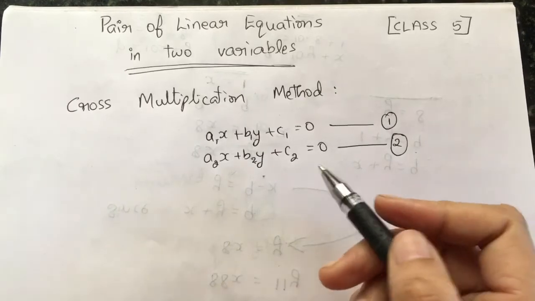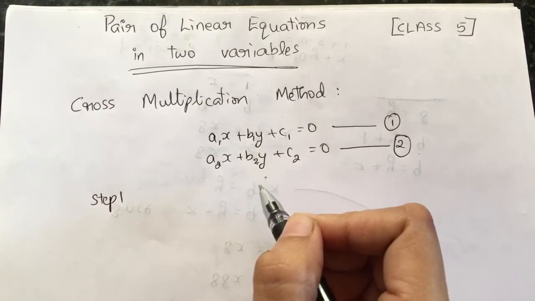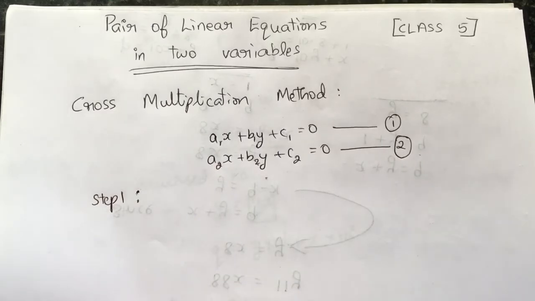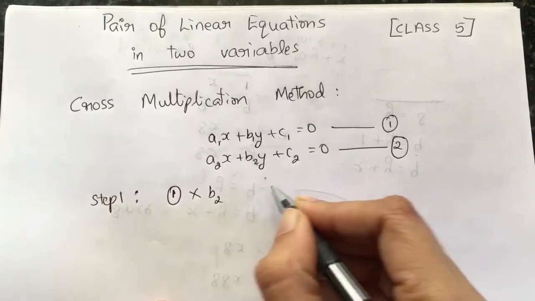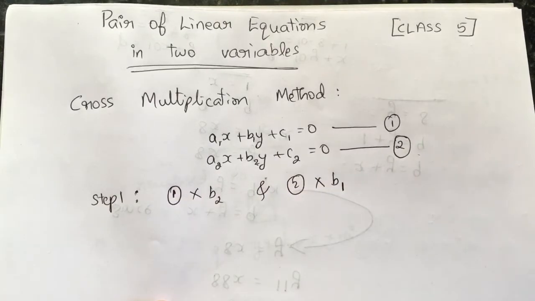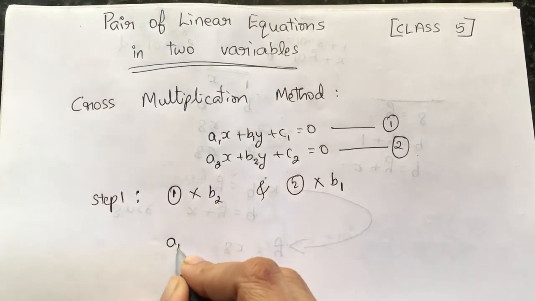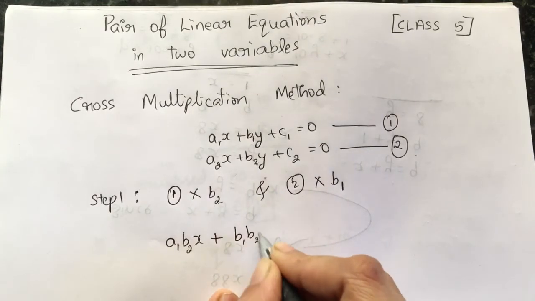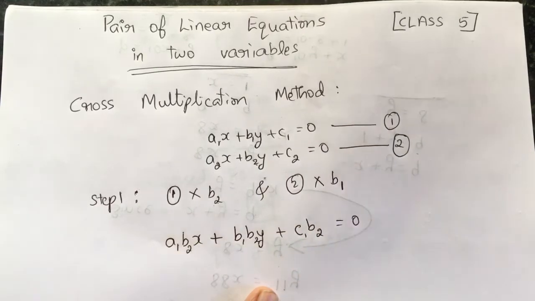Okay, so here I'll multiply equation 1 by b2 and equation 2 by b1. What will I get? Whole equation is multiplied by b2, so I'm going to get a1 b2x plus b1 b2y plus c1 b2 equal to 0.